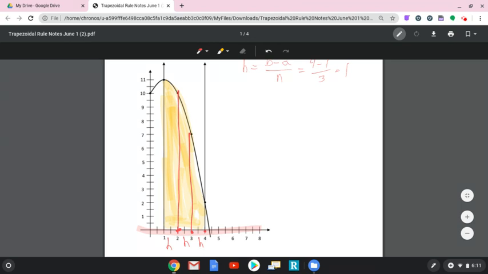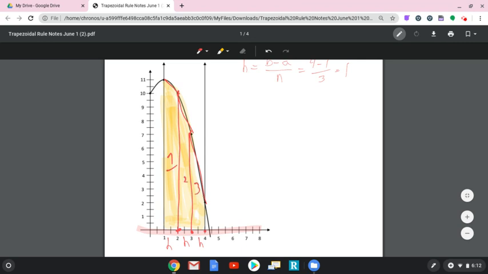So we're going to form 3 trapezoids. 1, 2, that was a bad line, sorry, guys. 1, 2, 3. So I'm going to connect these points that I had up there. The points were on the function for the 3 trapezoids.